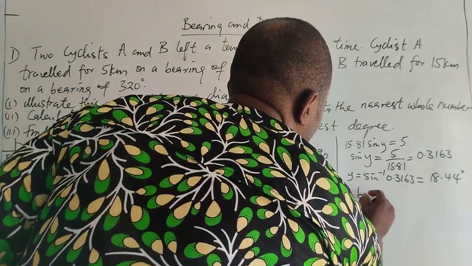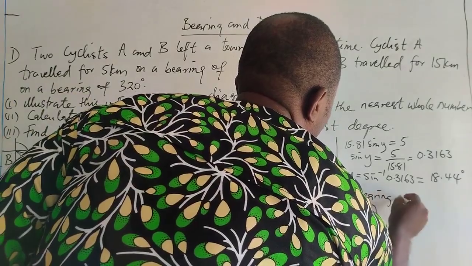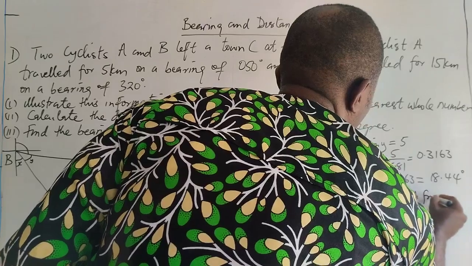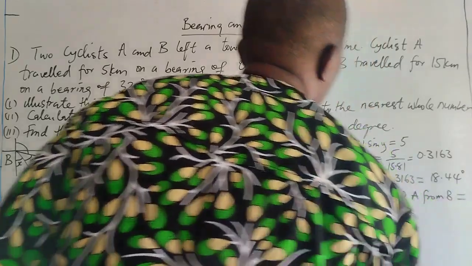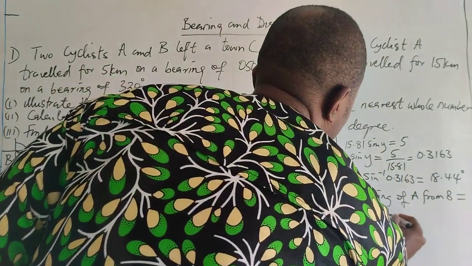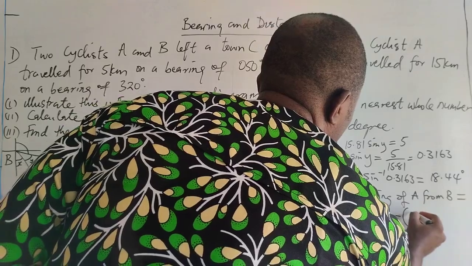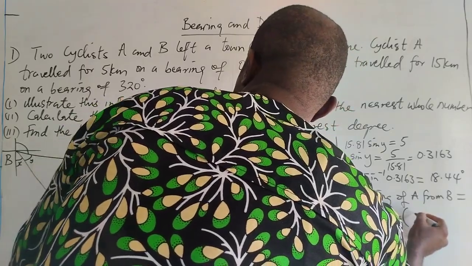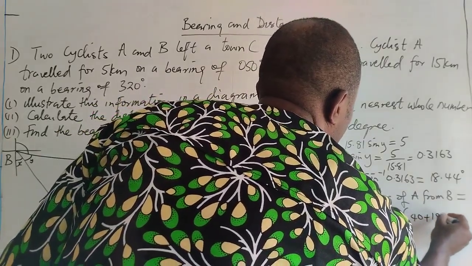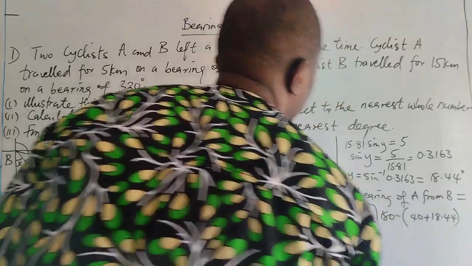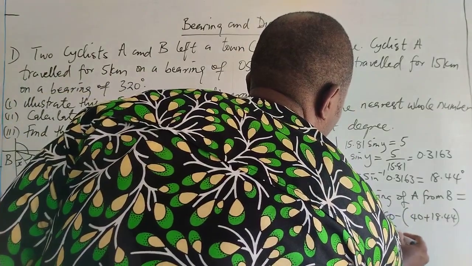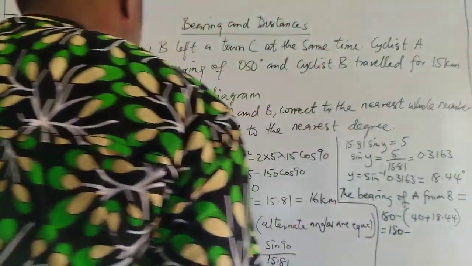So the bearing of A from B is equal to 180 minus 40 plus 18.44.